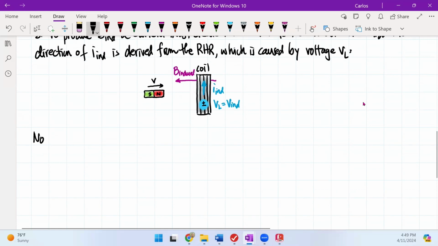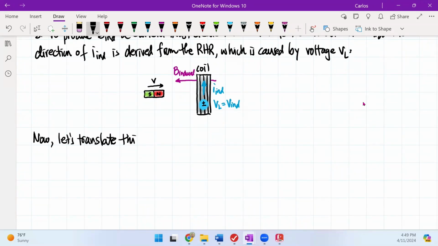Now, let's translate this to an inductor in a circuit.